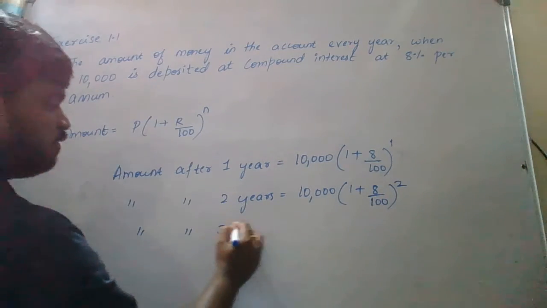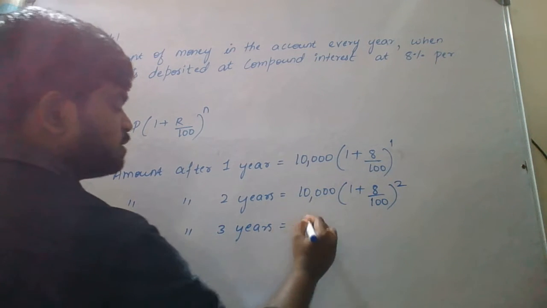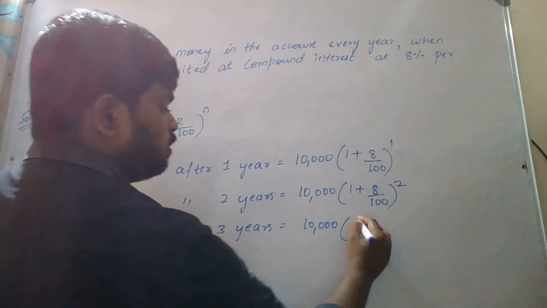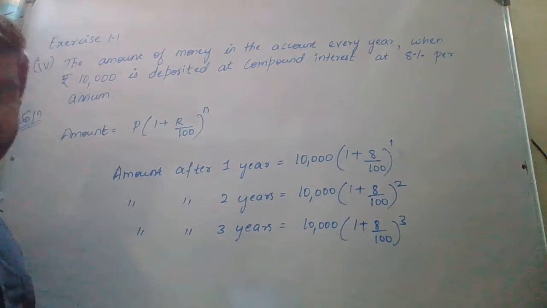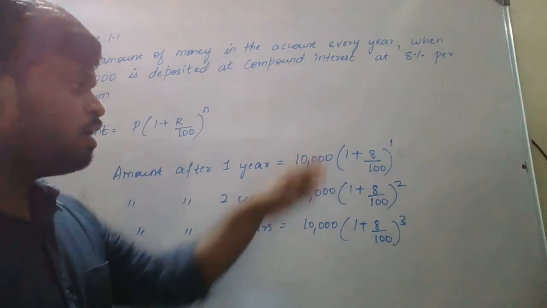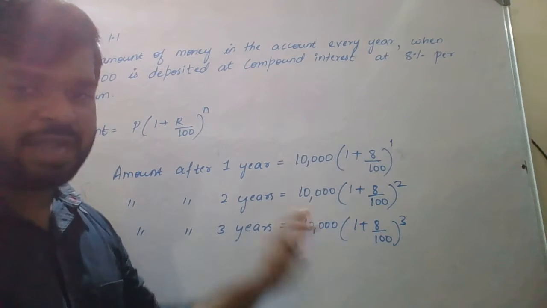Similarly, the amount after 3 years is 10,000 into 1 plus 8 by 100 whole power 3. Now these are the amounts that are in the bank.